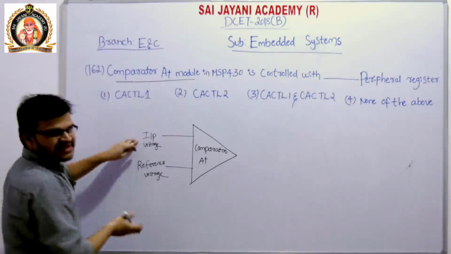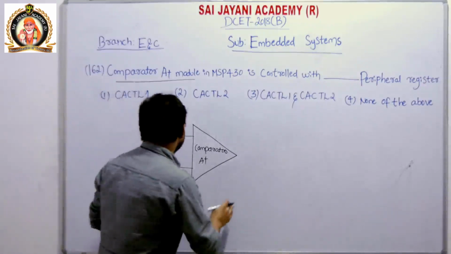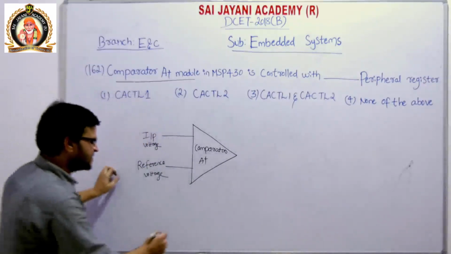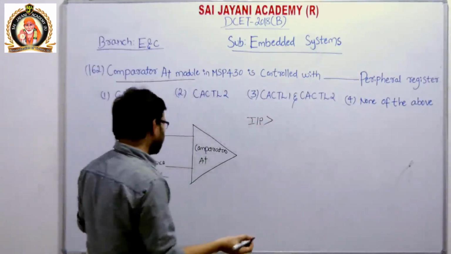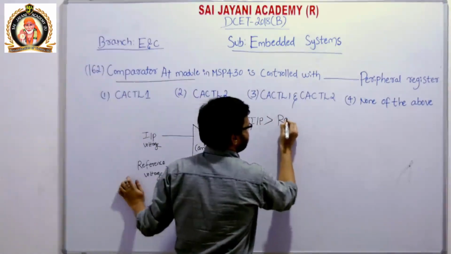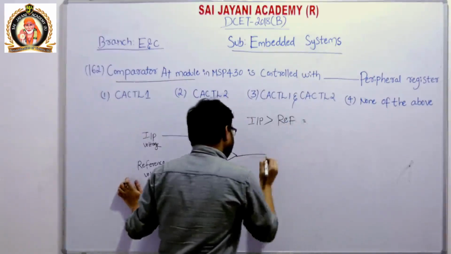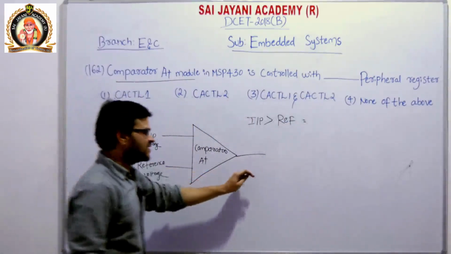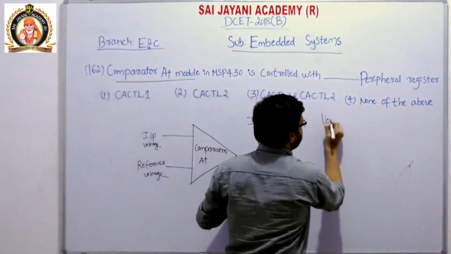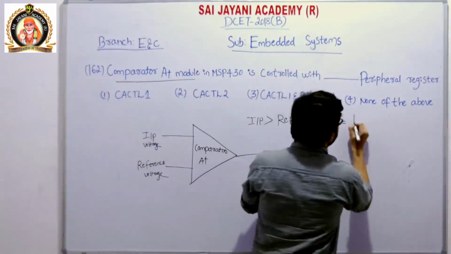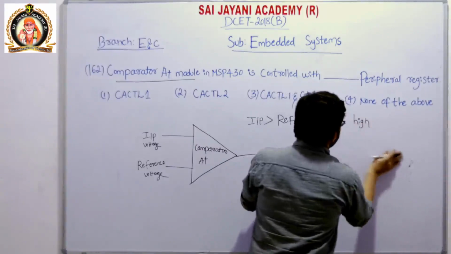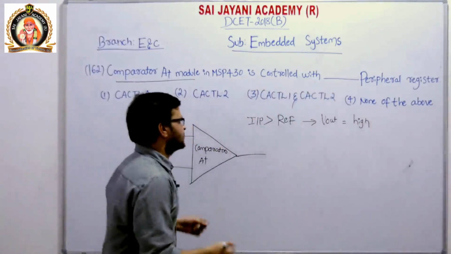These both voltages are AC signals. Suppose the input voltage is greater than the reference voltage, then at the output of the comparator we get a high signal.